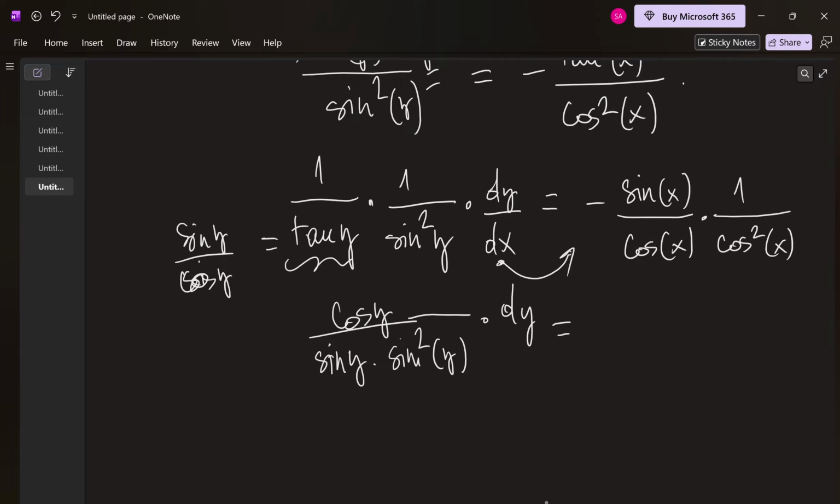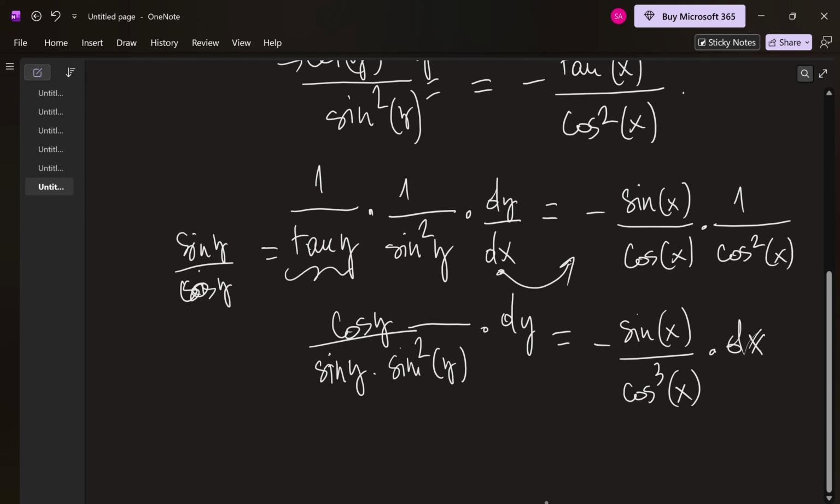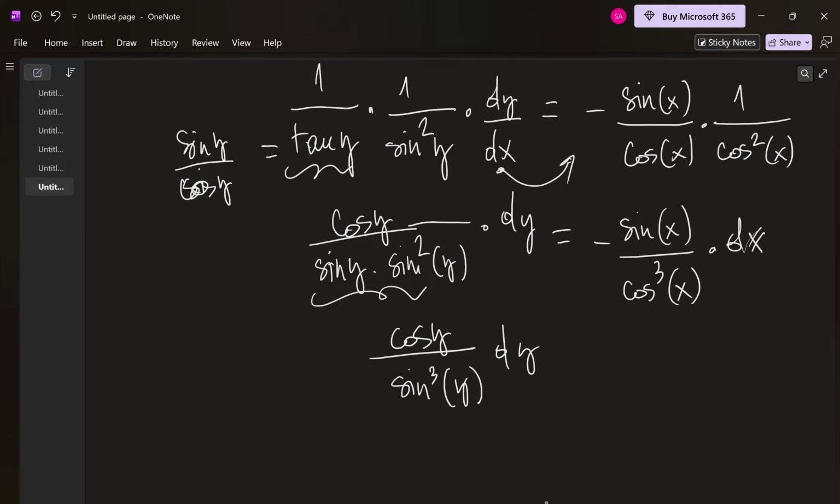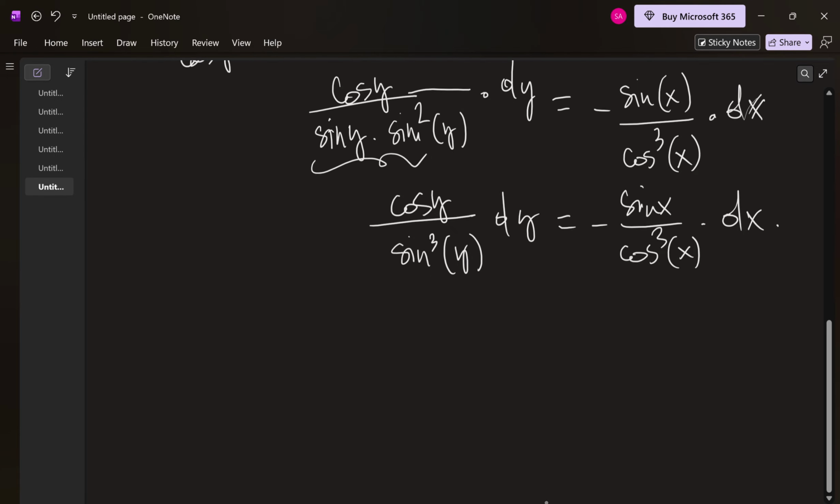It becomes minus sine x over cosine to the power 3 of x times dx. And these two actually become cos y over sine to the power 3 of y dy, which is equal to minus sine x over cosine x to the power 3 times dx.